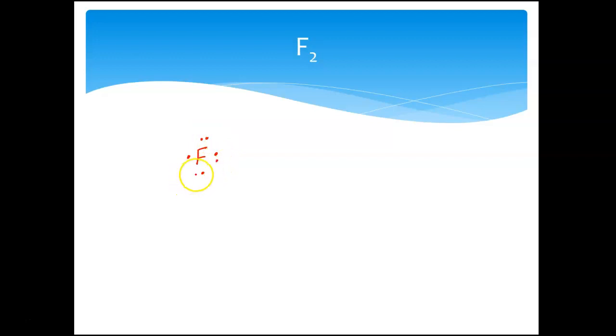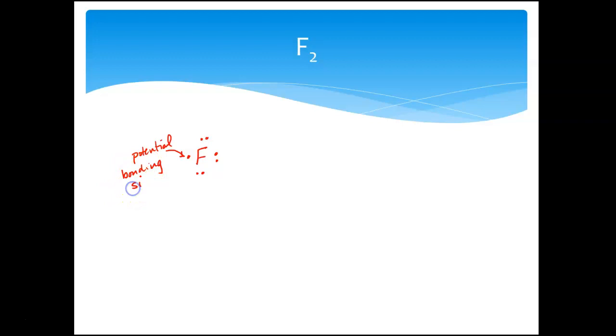All right, so here are my 7 valence electrons, and based on my dot diagram, I recognize that wherever there is a single valence electron, that is a potential bonding site. So I've got a potential bonding site right over here. I don't have any bonding sites on the top, on the right, or on the bottom, because once you have 2 electrons in one region, that means that they are no longer going to bond with anything else.